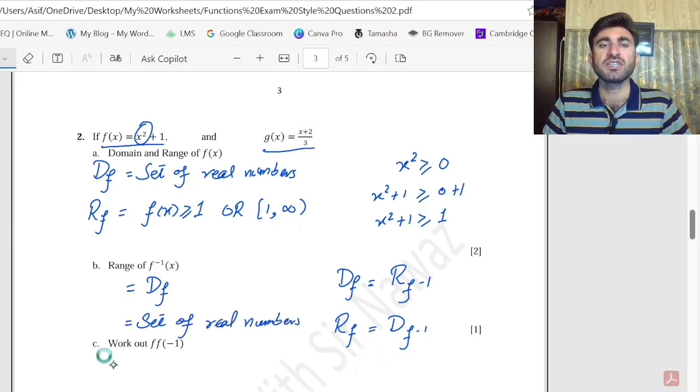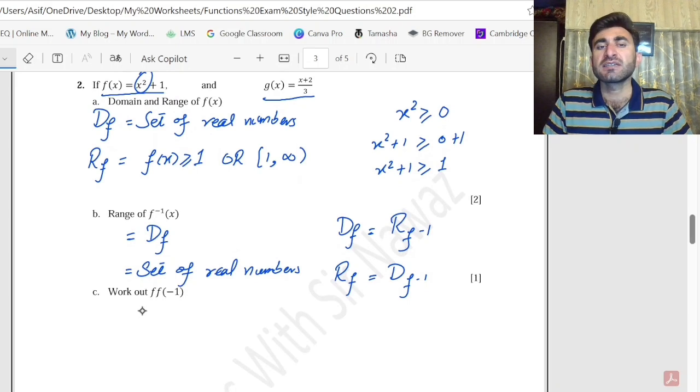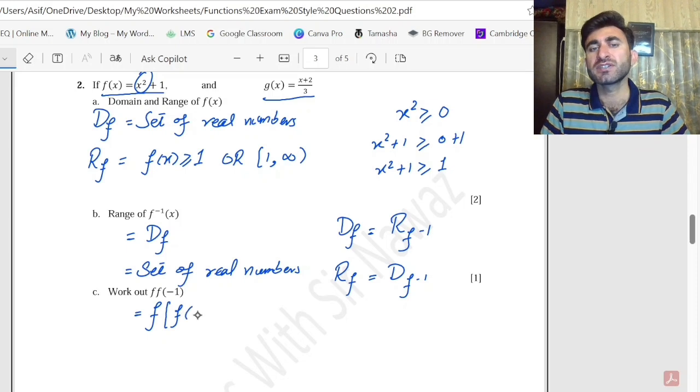Now coming to the C part, where it said work out f of f of minus 1. So that is not an inverse function. We are to find f of minus 1 first, and then replace it again in function f. F of x was x square plus 1.